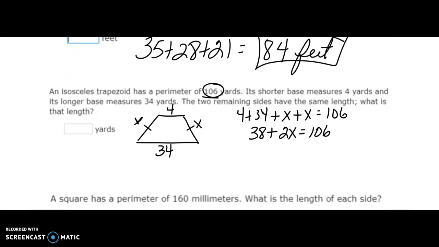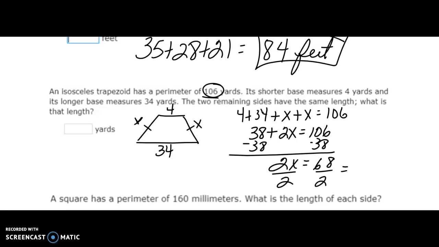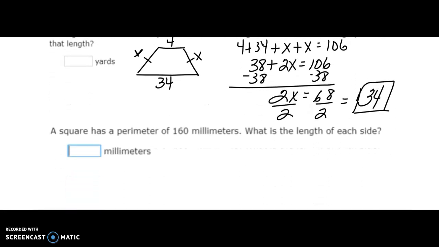And subtract 38 from both sides. 106 minus 38. 16, 8, borrow 1, which is 9. 68. And then divide by 2. So 34 is each one of those legs, because those are what x is.